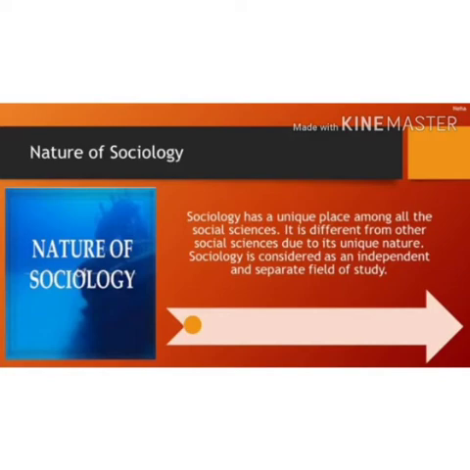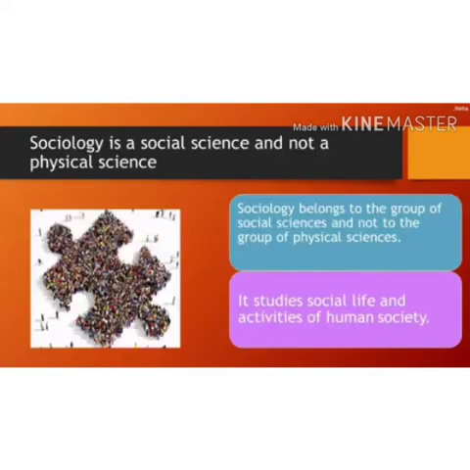First one is sociology is a social science, not a physical science. The subject sociology belongs to the group of social sciences. Social science means subjects such as history, political science, economics, psychology. It does not belong to the group of physical sciences. Physical science means which subjects?